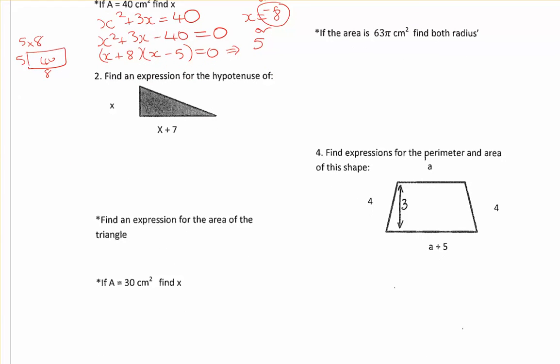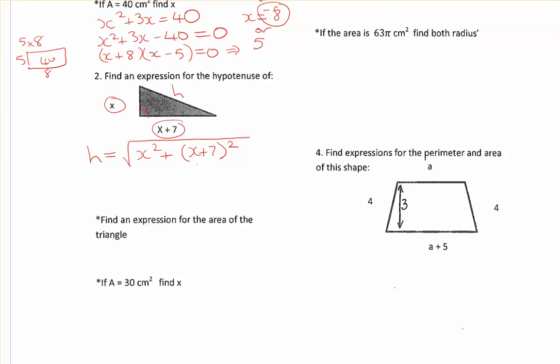Right, now we're up to a triangle. We want an expression for the hypotenuse h. Well, it's right angled, so that would mean h would be the square root of, now Pythagoras' theorem, x squared plus x plus 7 all squared. Really important that you put the x plus 7 in brackets.